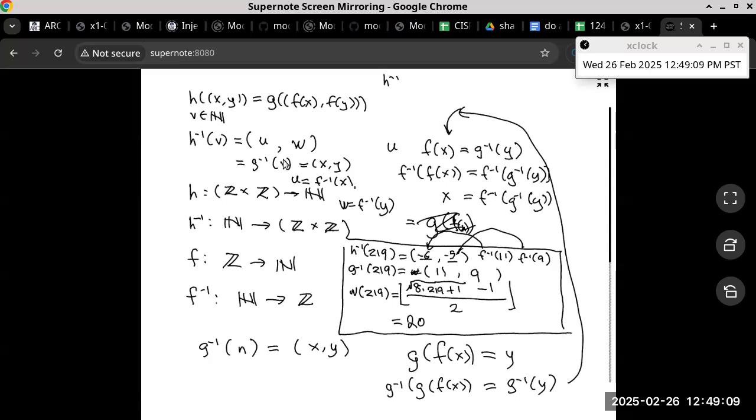So f inverse of this x here is the u which goes here, which ultimately is the same thing as this x over here. So I basically use the variable names in a kind of mixed way. You mean here? So these f and g have nothing to do with the f and g here. I'm just using those as generic function names.